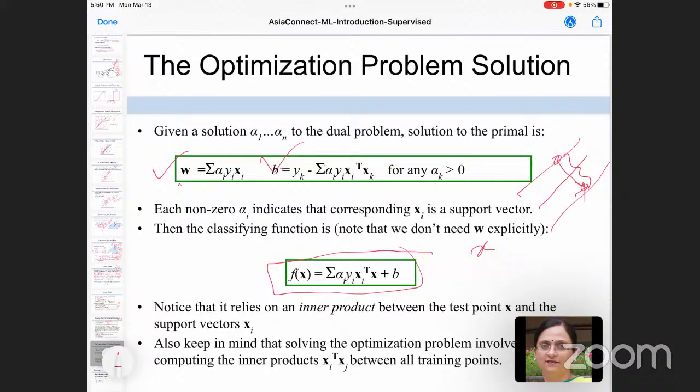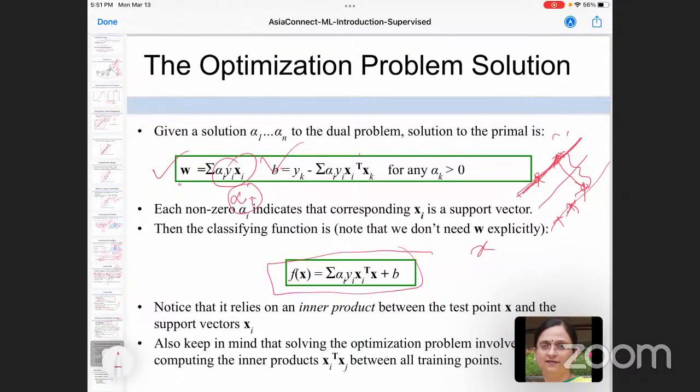Why are we calling it support vectors? What are the support vectors here? Support vectors are these samples that are on the boundary. When you compute these things, alpha is positive only for support vectors. For other examples, alpha will be zero.